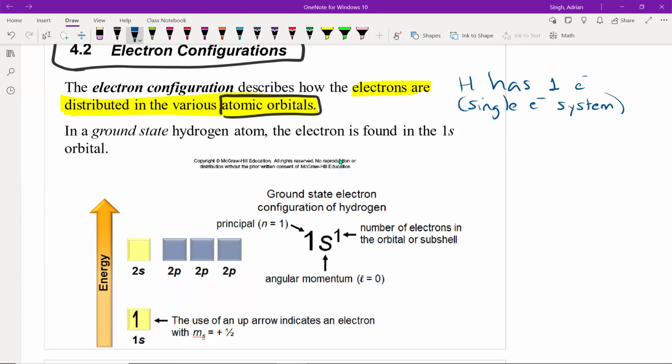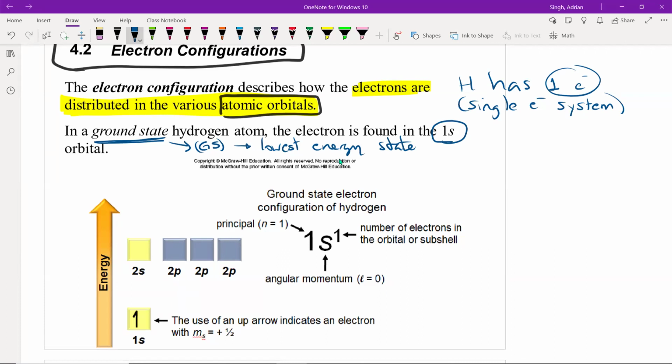And what we find in the ground state, a term we saw before, which we'll abbreviate GS for now, is the lowest energy state for something. In this case, the hydrogen atom. That one electron is located in the 1s orbital.